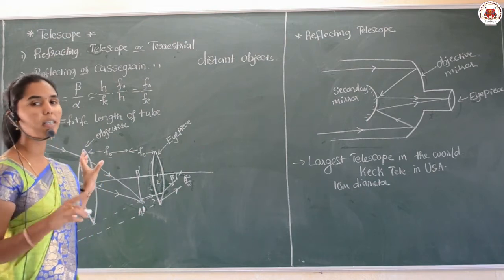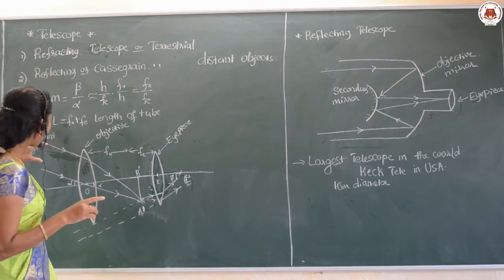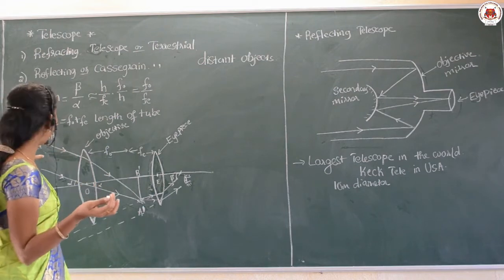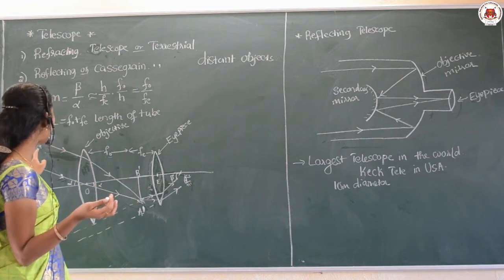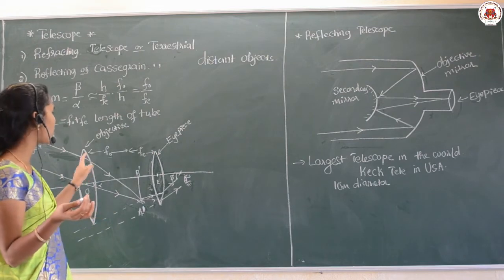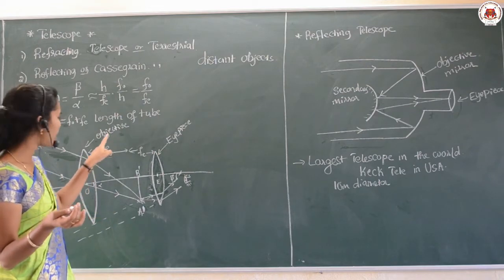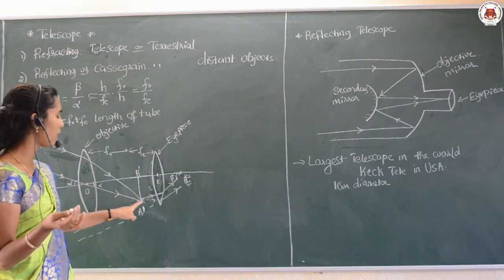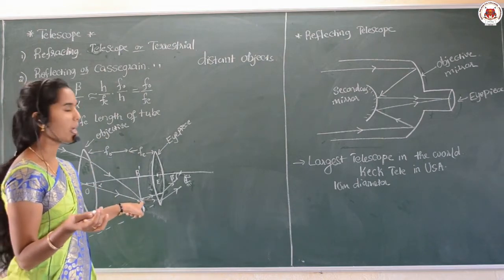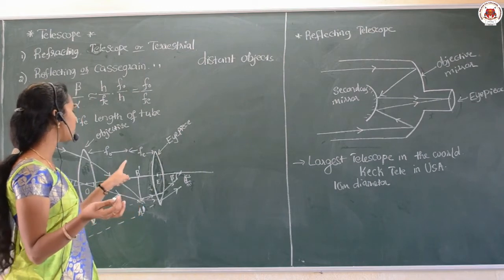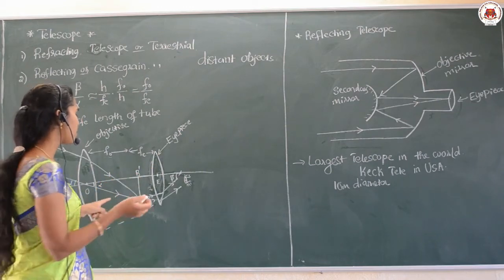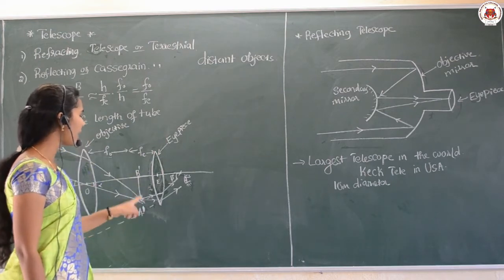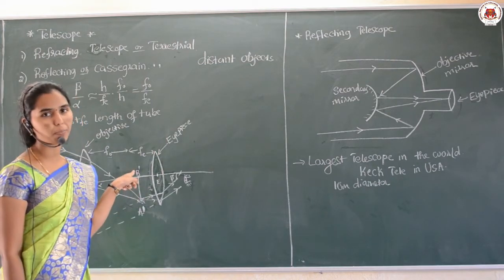Are you understanding? So what happened? When a parallel beam, that means rays from the distant object, is incident on the objective, they are refracted. The refracted rays meet at a point near the focal length of the eyepiece, where the real and inverted image A'B' is formed.